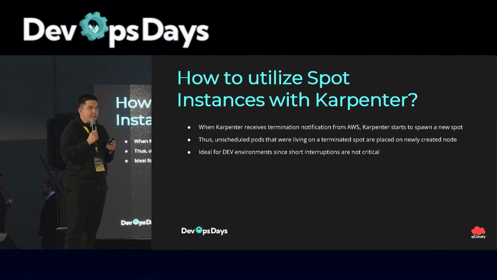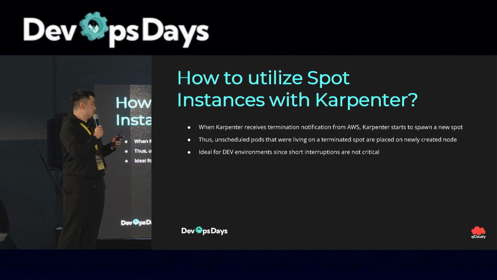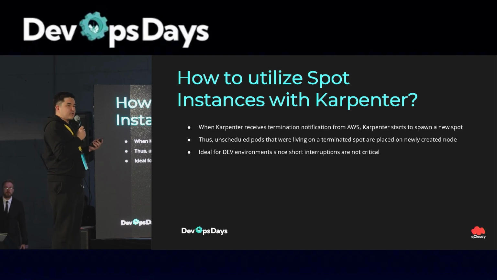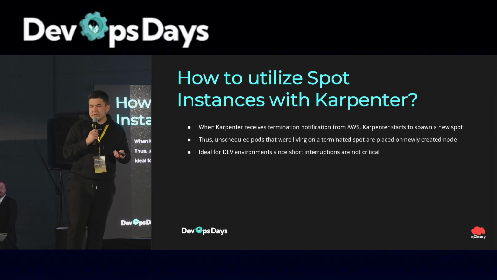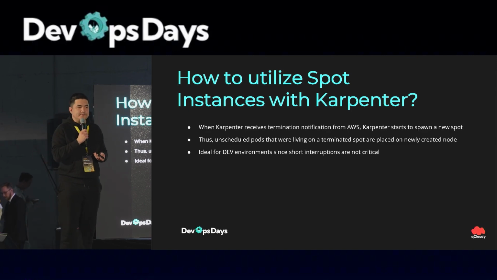So when the 2 minutes pass and AWS finally terminates one of our instances, Karpenter has already bootstrapped a new one that is ready to accept all the unscheduled workload that used to live on the terminated instance, with minimal downtime. This is the ideal scenario for development environments, where short interruptions usually aren't critical to business.